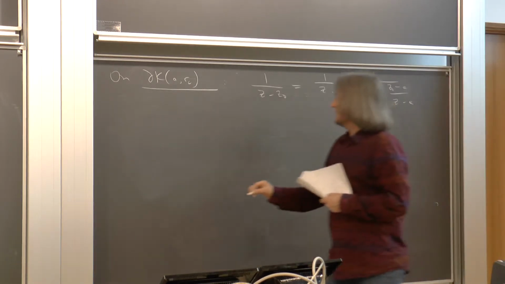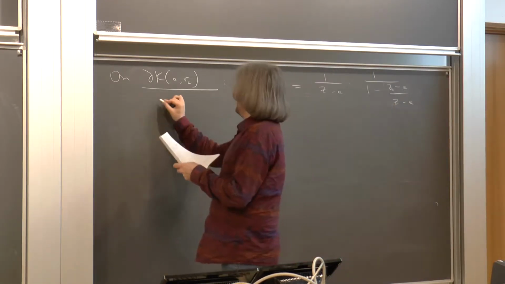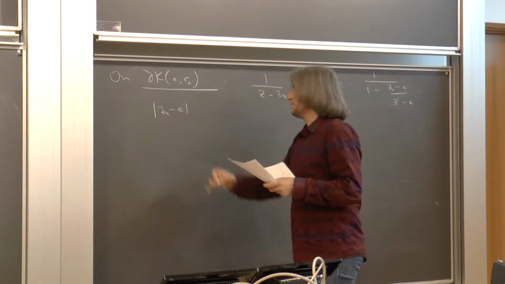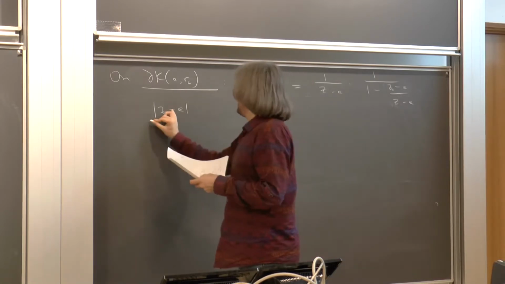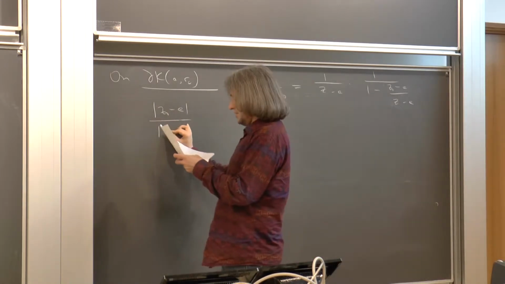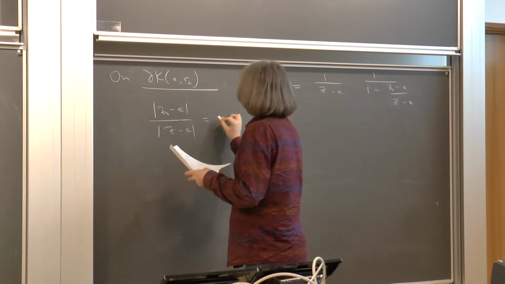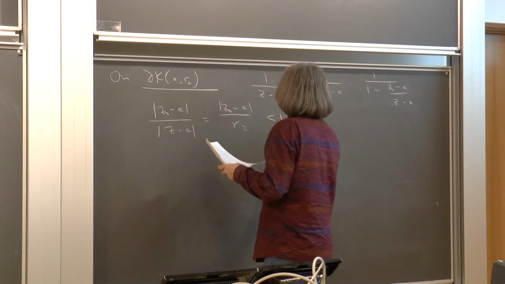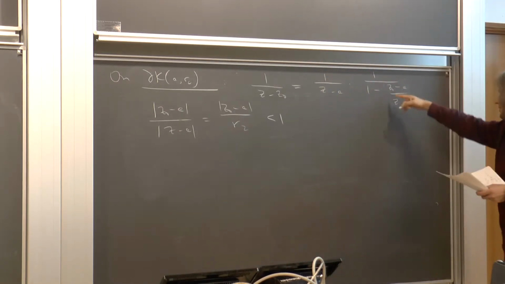Notice that by my choice, the absolute value of z naught minus a, the distance from z naught to a, is less than the denominator, so I can expand this.